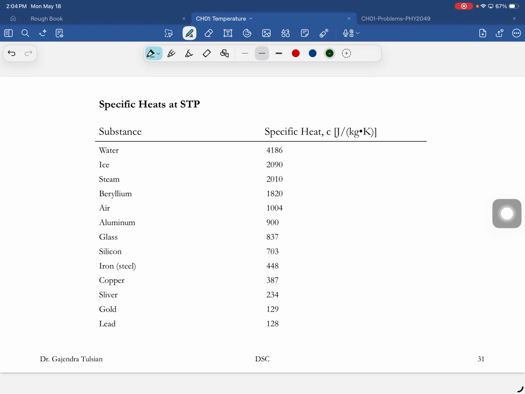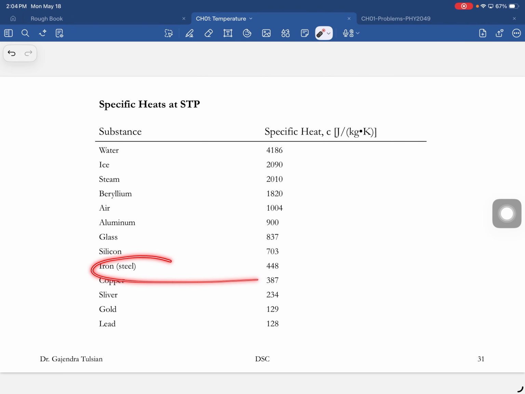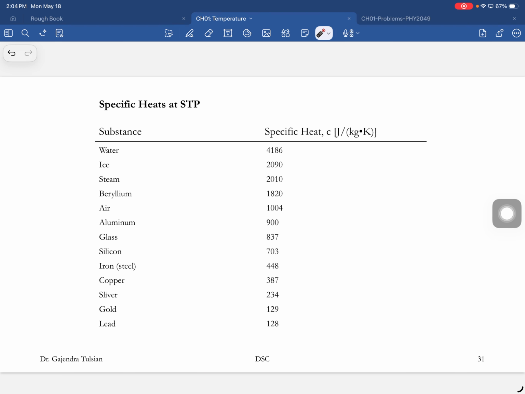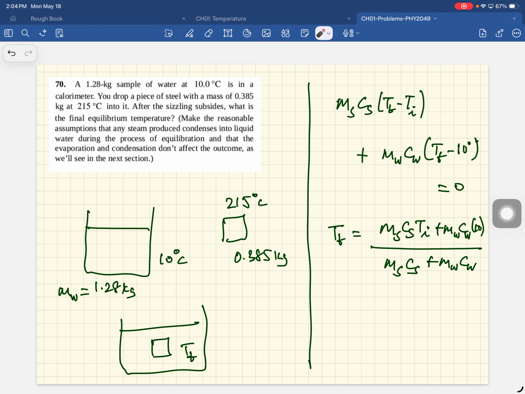Okay, so it is in watts per meter per Kelvin. Area is 1.4 meters square. And the temperature difference is 32 minus minus 5, so 32 plus 5. And the thickness is 3 centimeters.